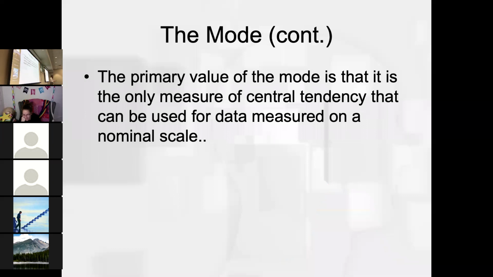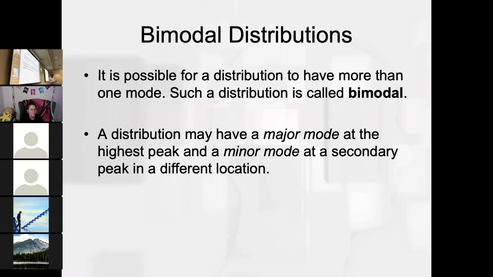So the primary value of the mode is that it's the only measure of central tendency that can be used for data measured on the nominal scale, like we just said. And I think last week I made mention of what's known as a bimodal distribution.